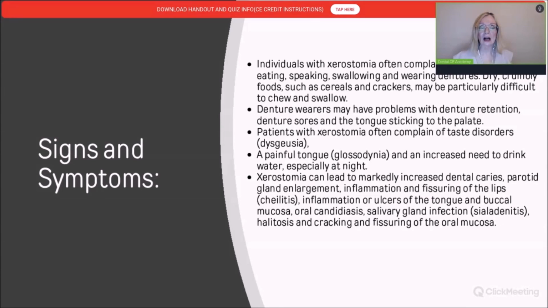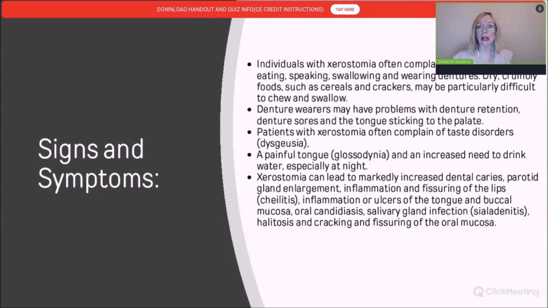All right, how do we develop a xerostomia diagnosis? Your patients may complain of difficulty eating, speaking, swallowing, wearing their dentures. Dry, crumbly foods may be difficult for them to eat and swallow. Denture wearers may have issues retaining their dentures, or they're developing denture sores.